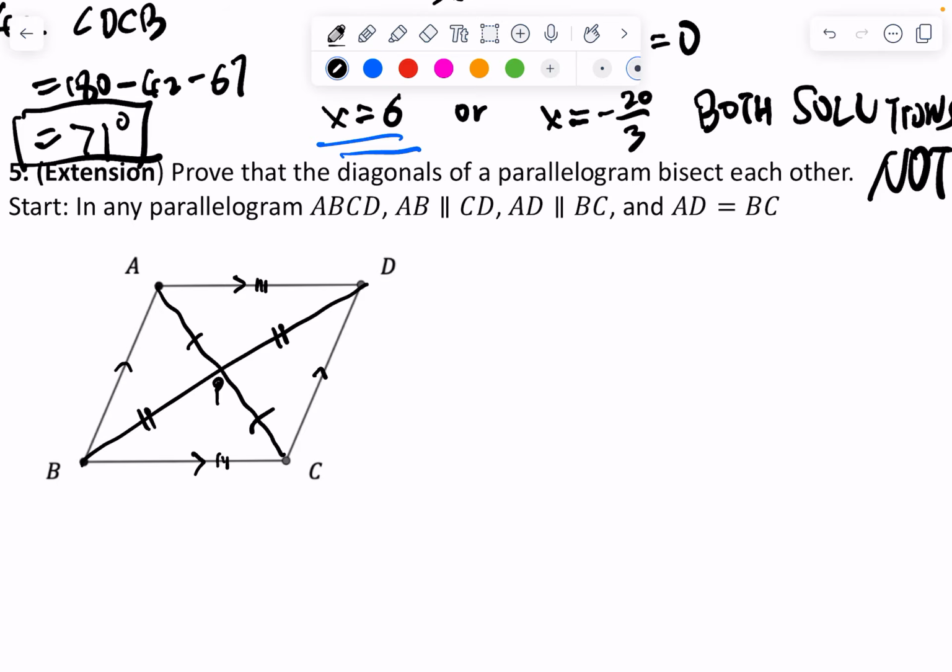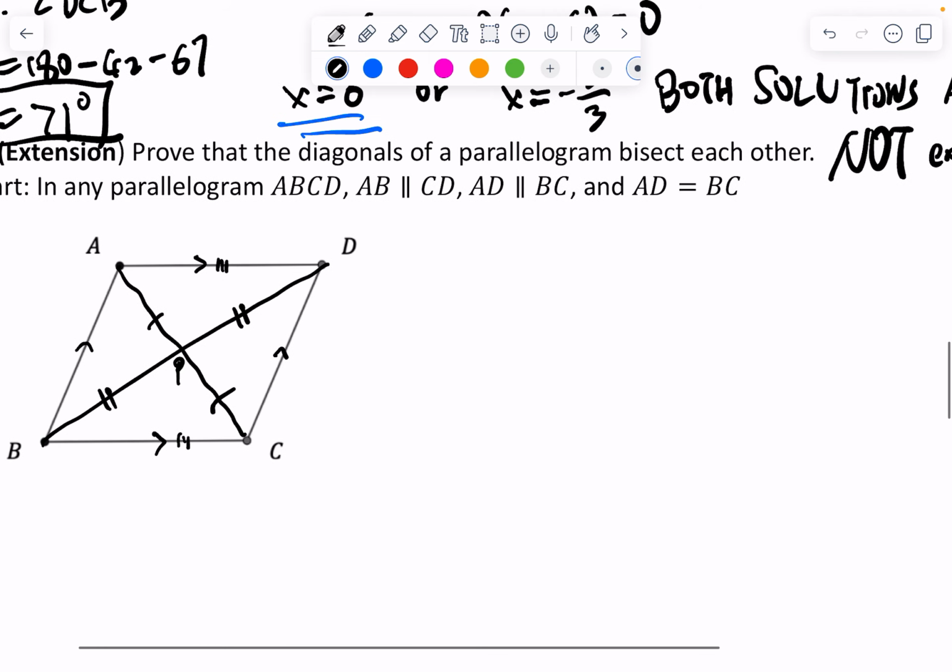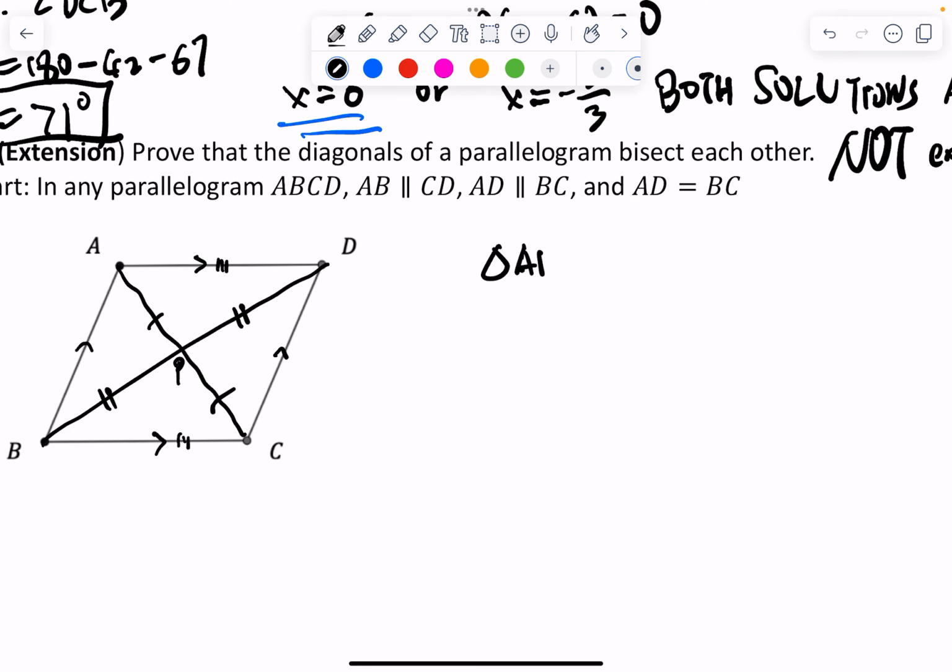Okay, so now how do we go on proving that these diagonals bisect each other? Right now we only have one tool in our toolbox, and that is triangle congruence. So if we can prove that triangle ADP is congruent to triangle CBP, sorry, CBP, because you have to write them in order.